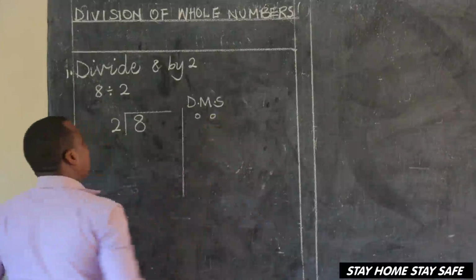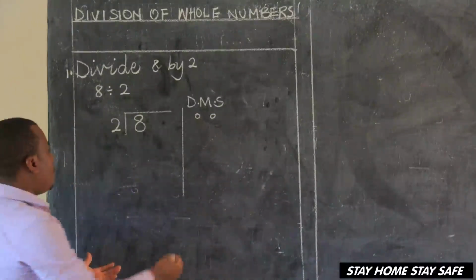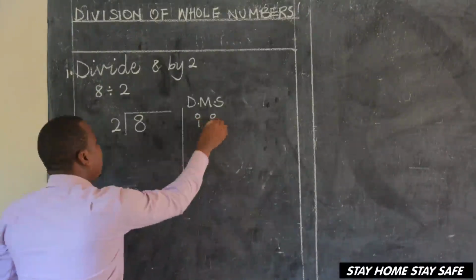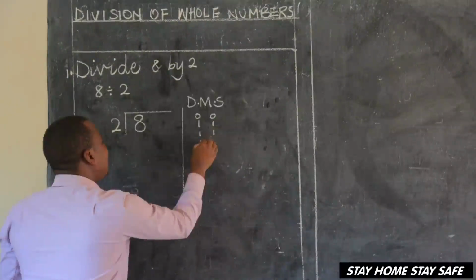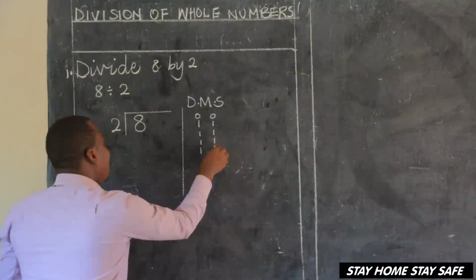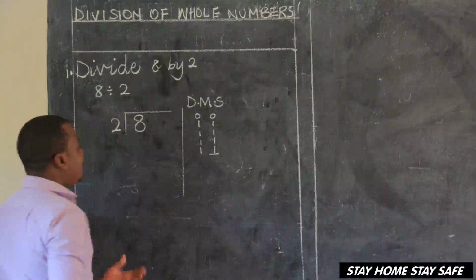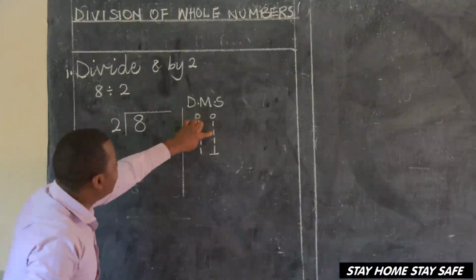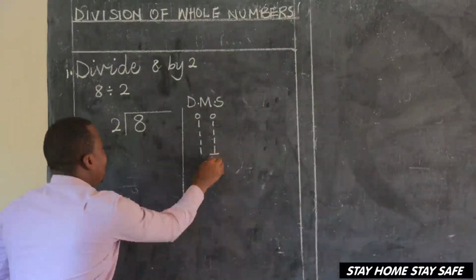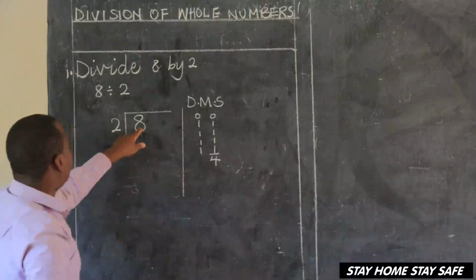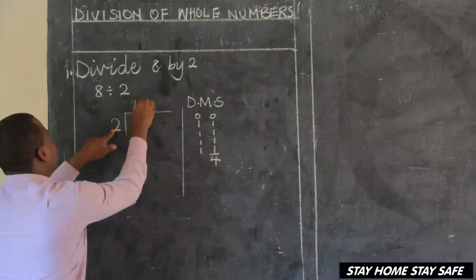This is 2, 2, and then you give 8. So I'll come and say 1, 2, 3, 4, 5, 6, 7, 8. So how many has each one got? 1, 2, 3, 4. Meaning 8 divided by 2 is 4.